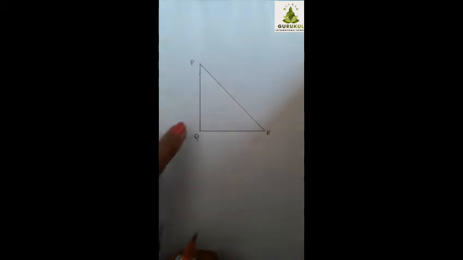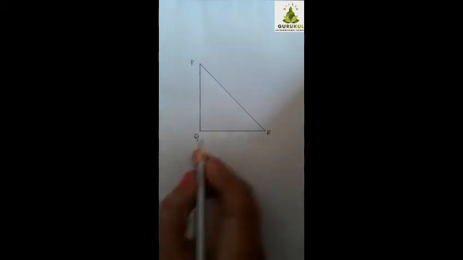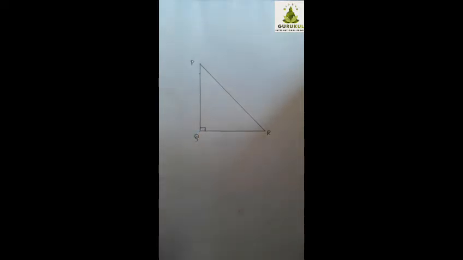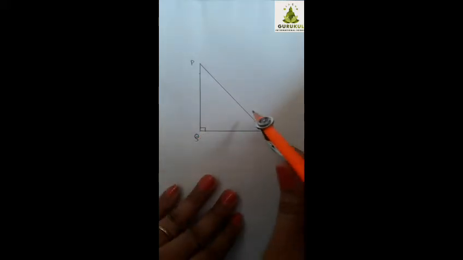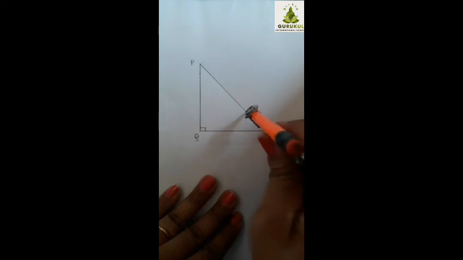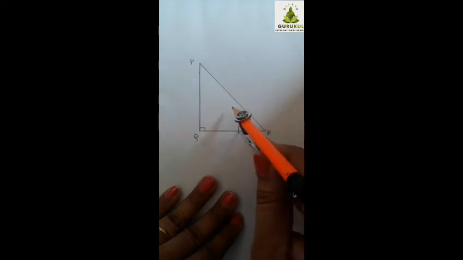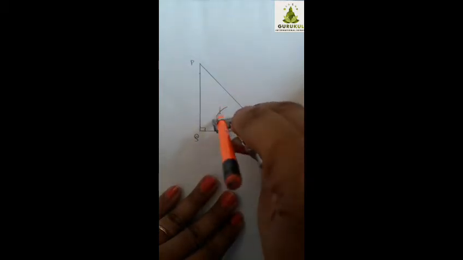Now we will start with the right angle triangle. You have to measure exactly 90 degrees with the protractor and draw one right angle triangle. Here angle Q is our 90 degree angle. Same procedure we will start with. First keep on one angle, draw the arcs. Again draw the intersecting arc.